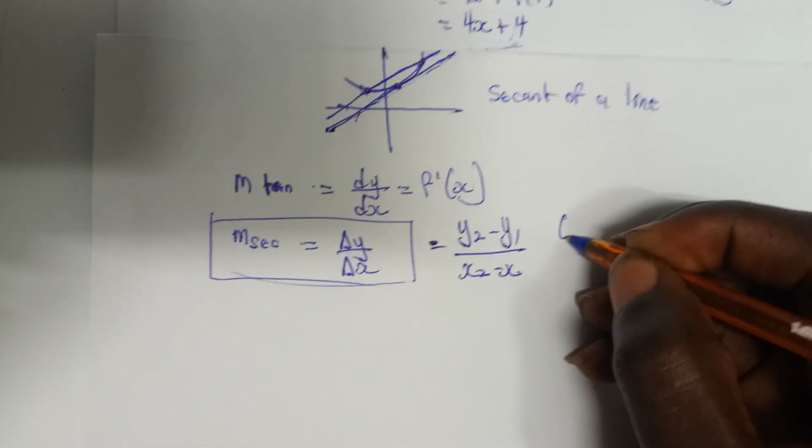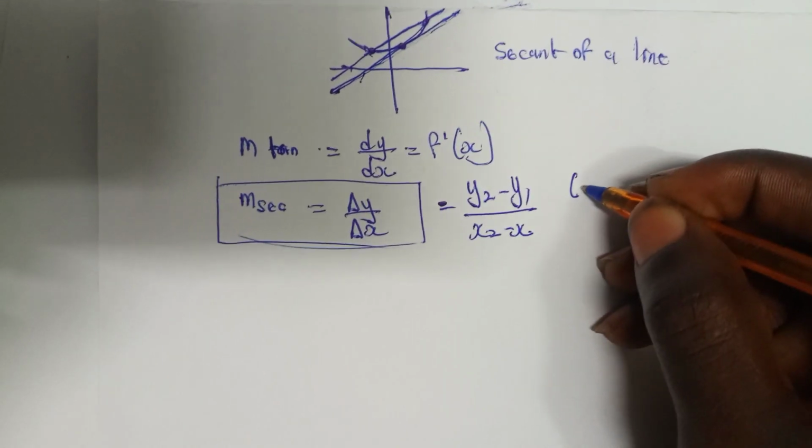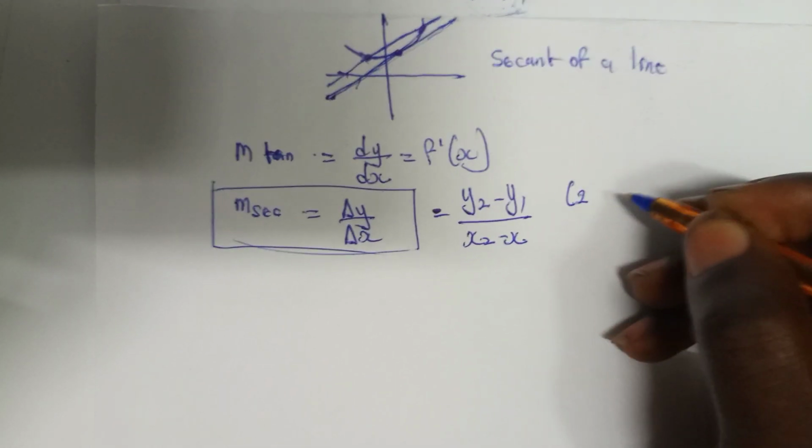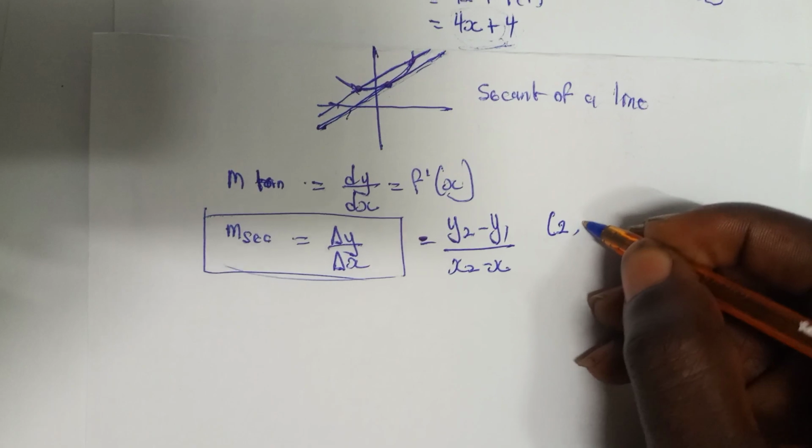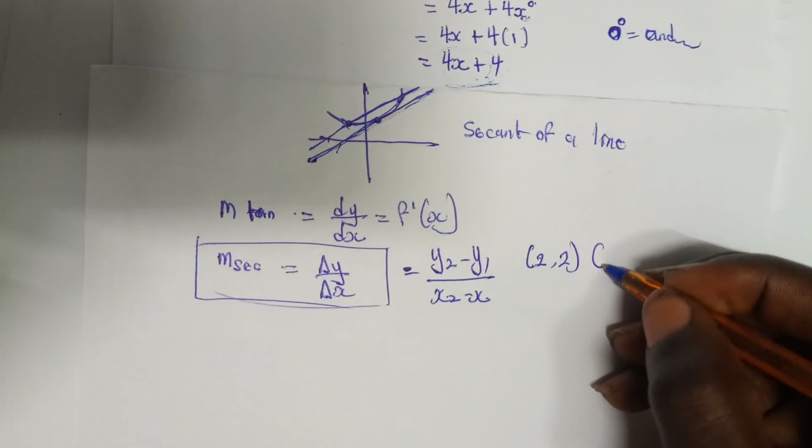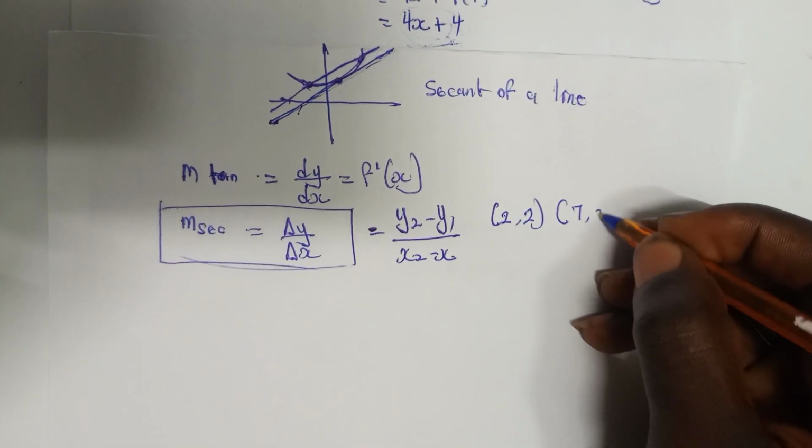Let's say we have a point (2, 2) and another point (7, 3).